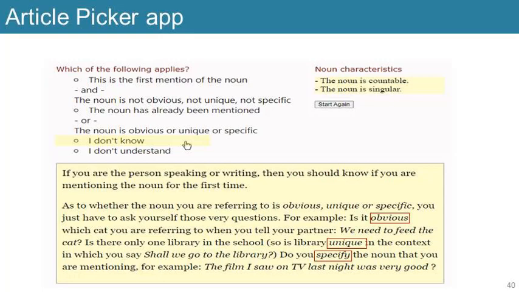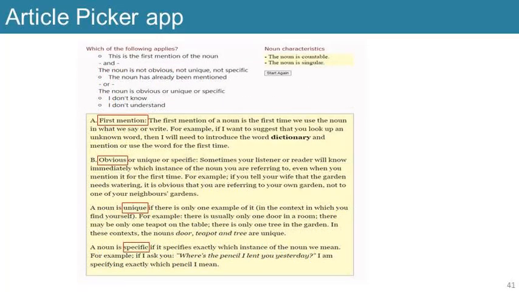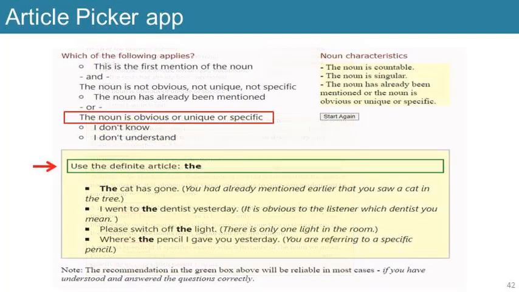The yellow box has examples of what may be obvious, unique or specific in a context. If you click that you don't understand the question, then this is the explanation you can read. It explains what is meant by first mention and the terms obvious, unique and specific.